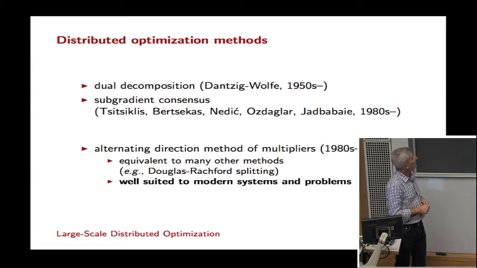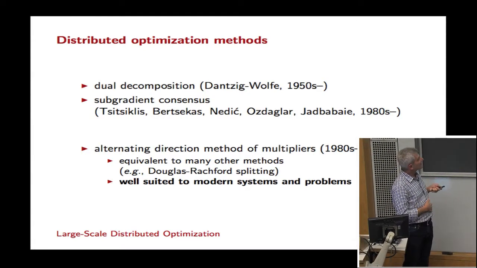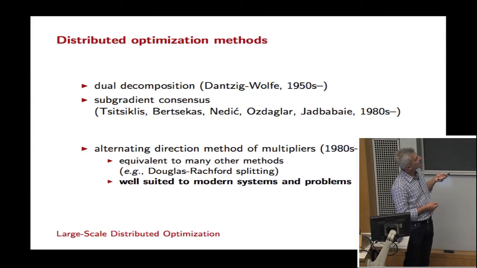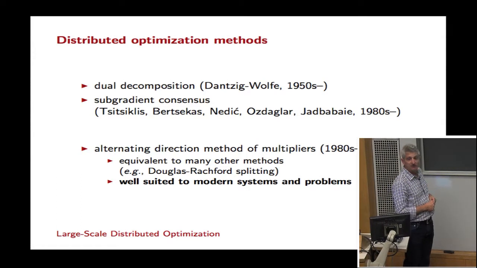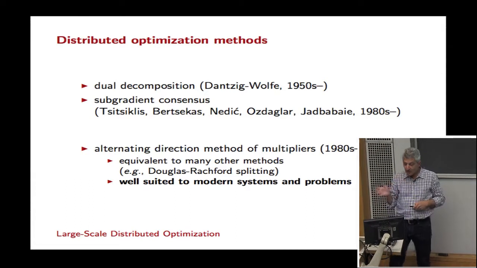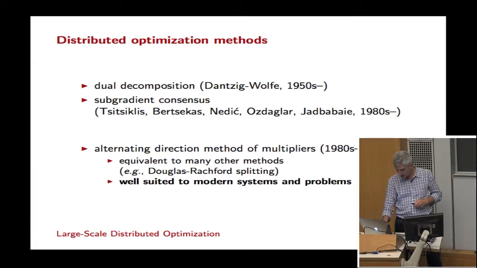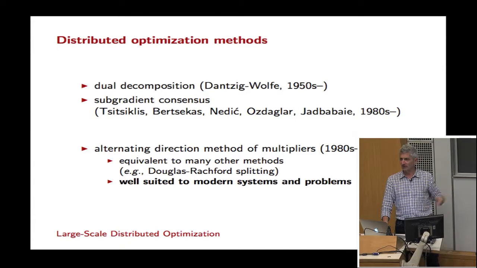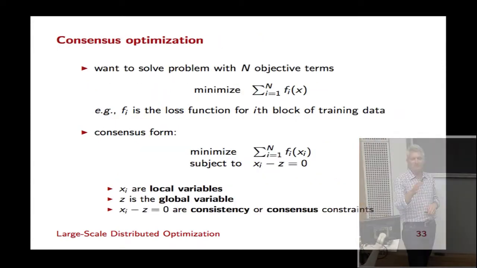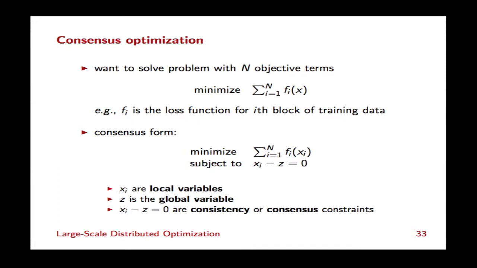It's called alternating direction method of multipliers, and another name for it is Douglas-Rachford splitting. They're identical. But it actually is very well suited to modern systems and problems. Actually, that's a lie for a reason I'll tell you later, but it sounds good. It may not be a lie for long, but at the moment, technically it's a lie.